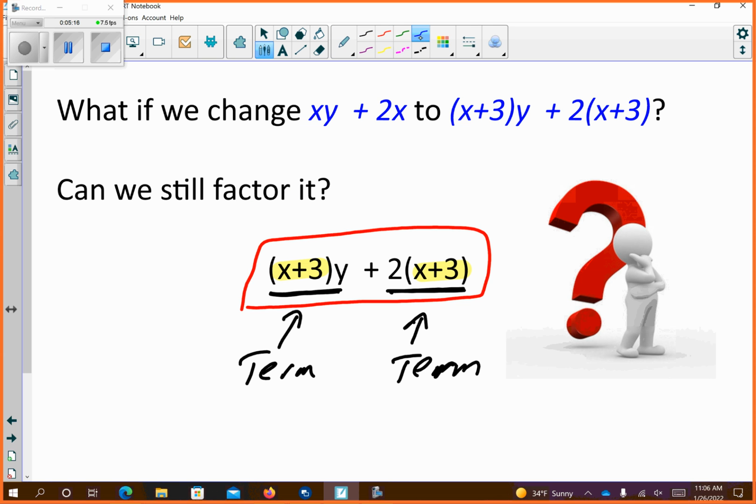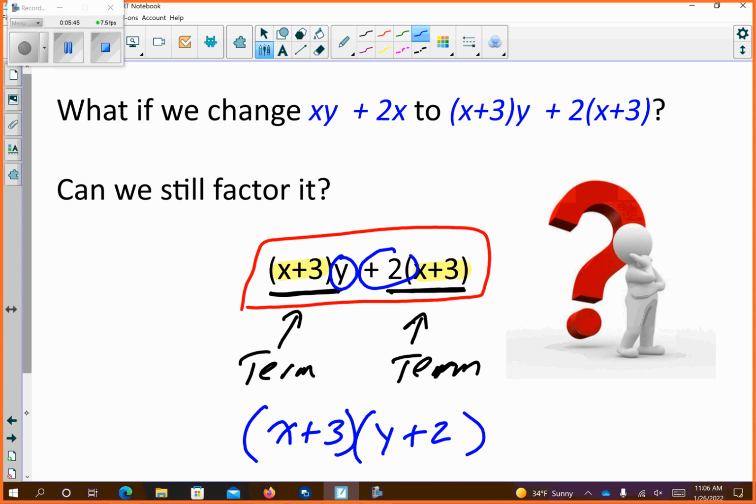So what we're going to do is pull an x plus 3 out. That's what we have in common. I'm going to make a second set of parentheses, and whatever I have left, I'm going to put in the other set of parentheses, and it's done. You can factor a whole binomial out of multiple terms if you have it in common. Does that make sense?